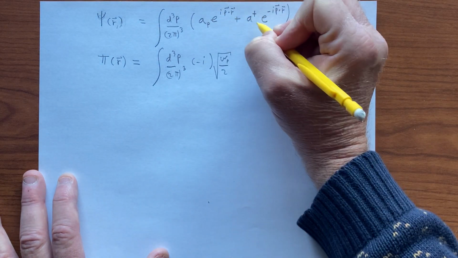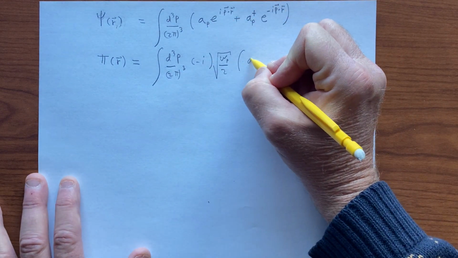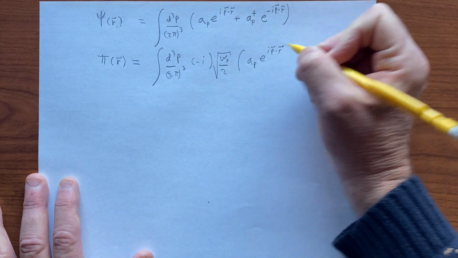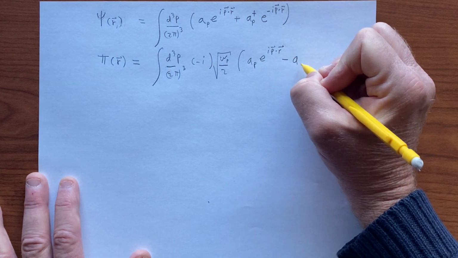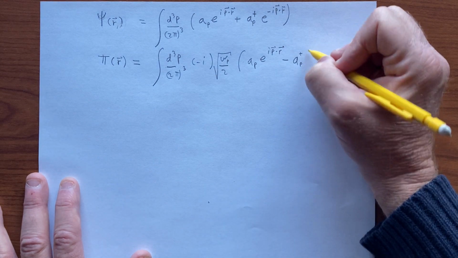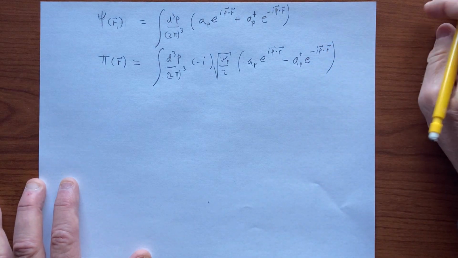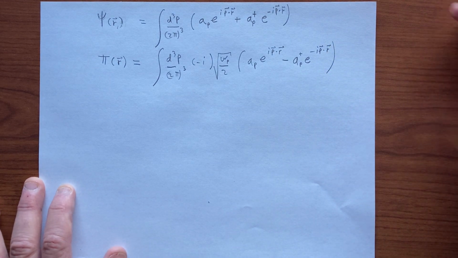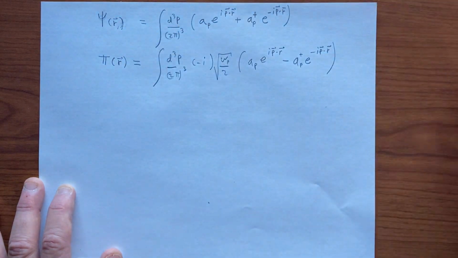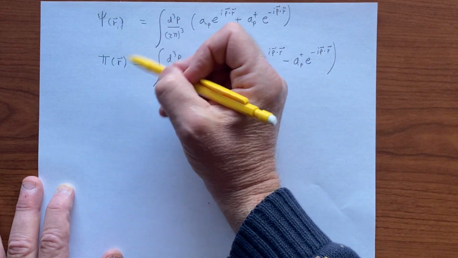So maybe we should put p's here, times this A p e to the i p r, minus A cross p e to the minus i p r. These are the position and momentum quantities that we now end up with.